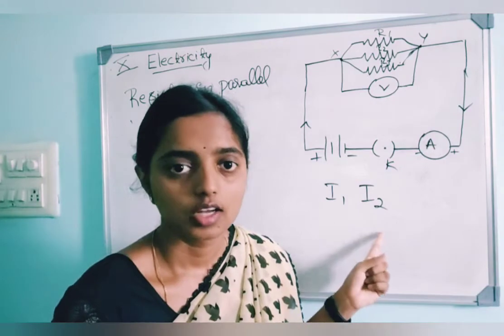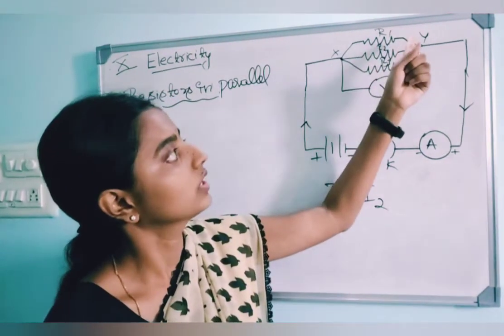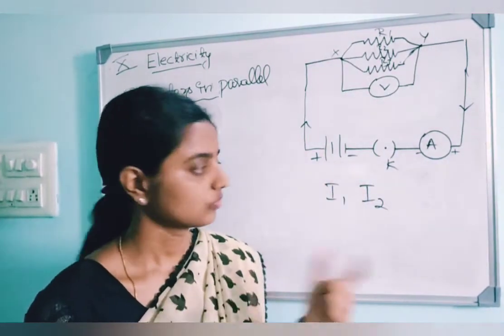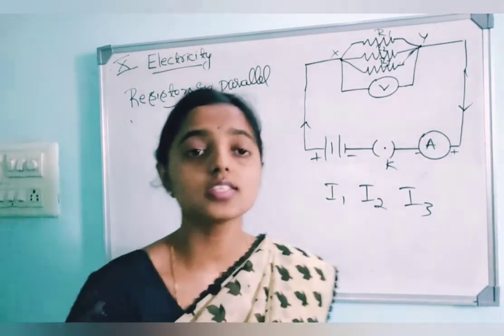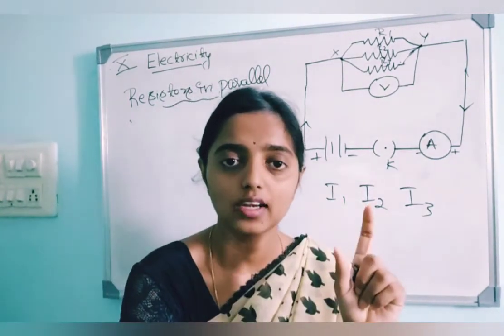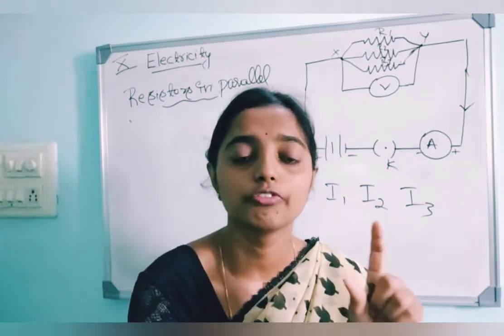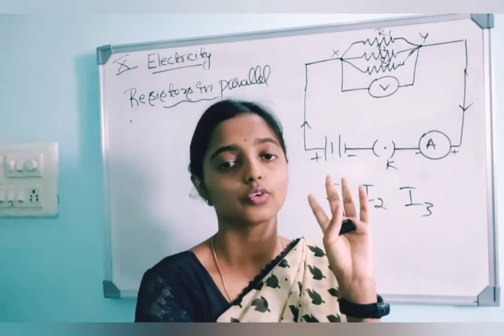Now listen, current is getting different. Now again I connected between R1 or R2, and I got a different value. So whenever the resistors are connected in parallel, the current value is not the same. It will vary in each resistor. Clear? So this is what we conclude from this activity.